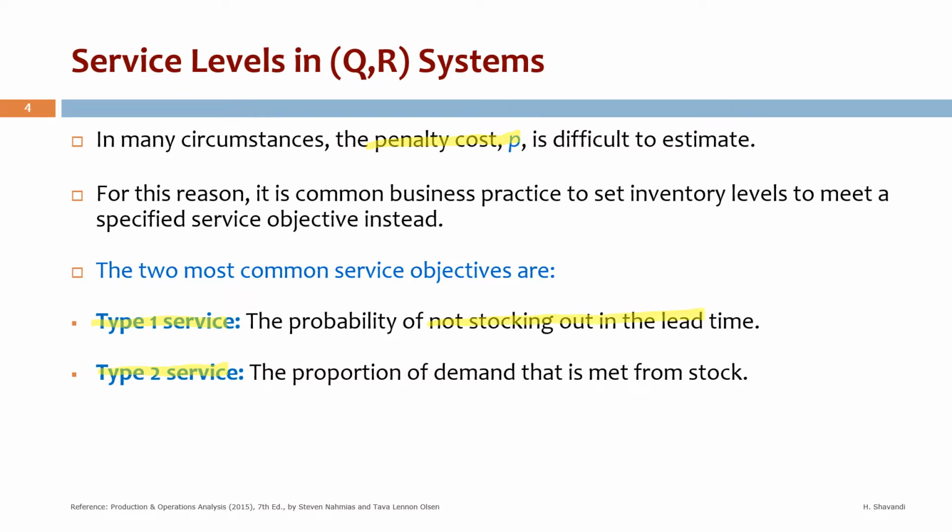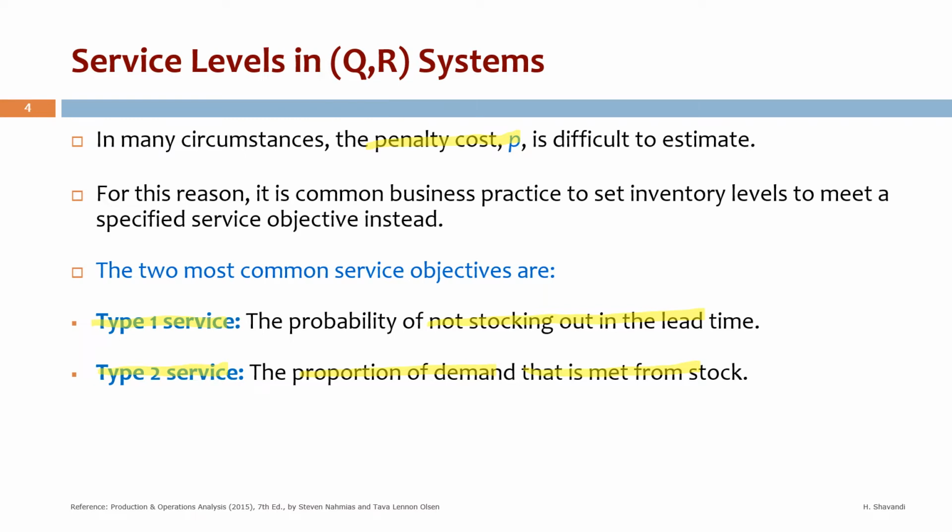So in type 1, we consider the percentage of time that we are not in a stock out situation. But in the type 2 service level, we consider the proportion of demand that is met from stock. Okay, so let's see how these two are different and how they can be applied in the QR model to obtain the optimal levels for Q and R.